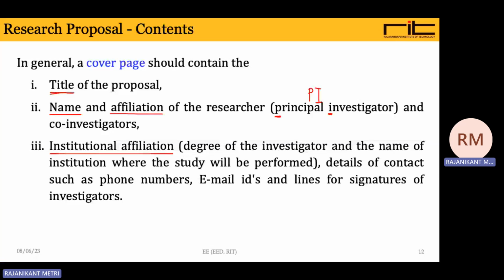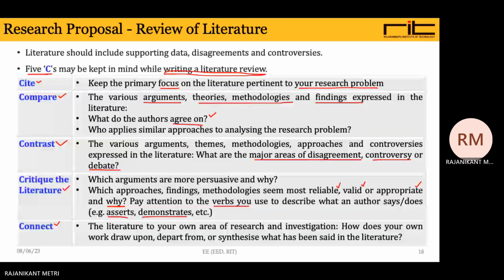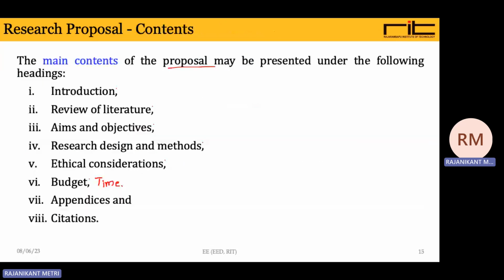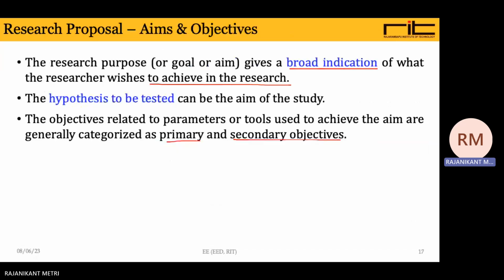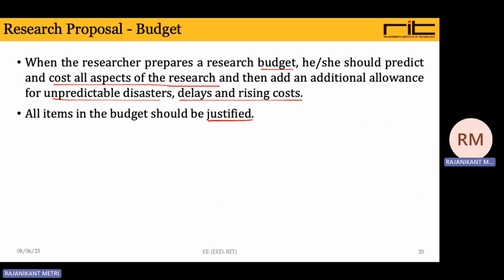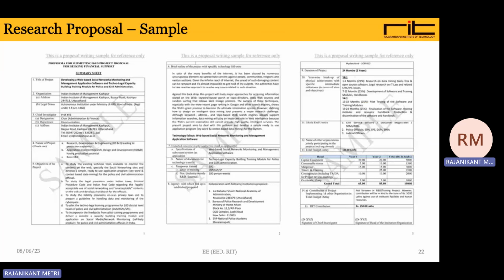What should it contain in the cover pages and in the main contents, and in each of the main contents, what is required is discussed: introduction, literature, aims, objectives, design methodologies, and then budget, appendices and citations.